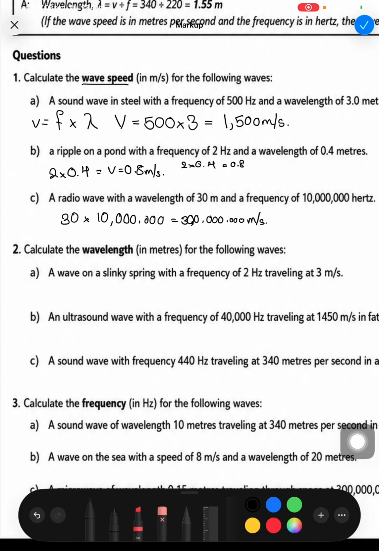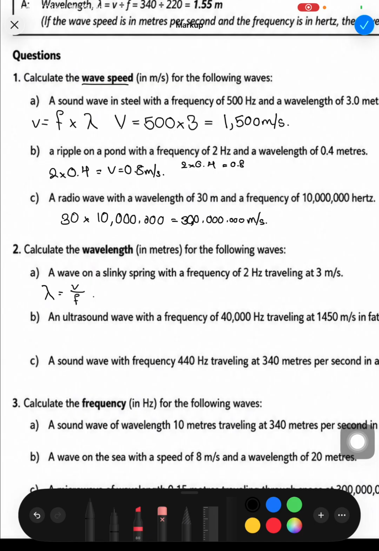Now calculate the wavelength in meters for the following waves. A wave on a slinky spring with a frequency of 2 Hz traveling at 3 meters per second. So now we're trying to calculate the wavelength. The wavelength is equal to the speed divided by the frequency.